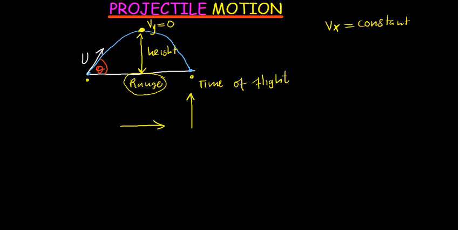For example, the projectile will go like this when the angle that you've used is 80 degrees. When you use 60 degrees, the projectile goes more up and then comes down. This is 60 degrees. But when you use 45 degrees, the projectile is going to go like that and then reach that point. So when you want to get the maximum range, always use 45 degrees.